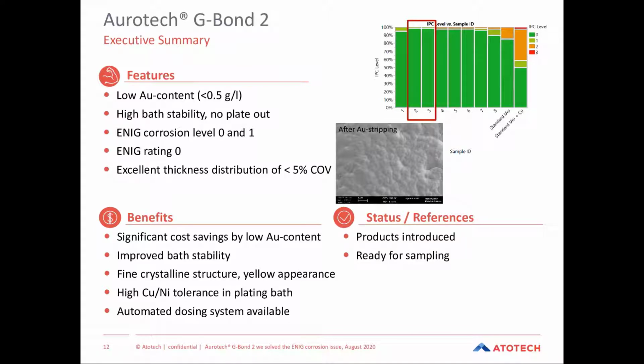So the features of the base that we have now: the process operates with a low gold content of 0.5 gram per liter with a high bath stability and no tendency for any plate out or precipitation or dust formation. For the ENIG corrosion level, and I will describe later on what I mean with that, we can see level 0 or 1.